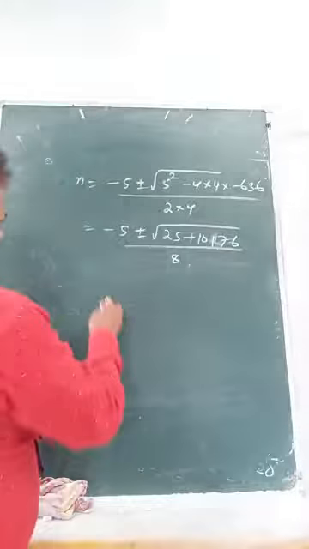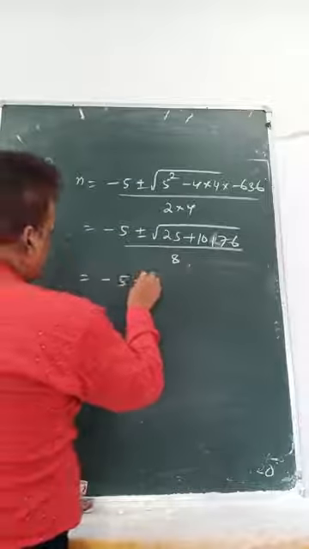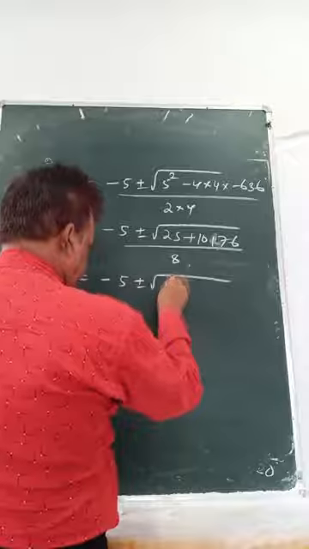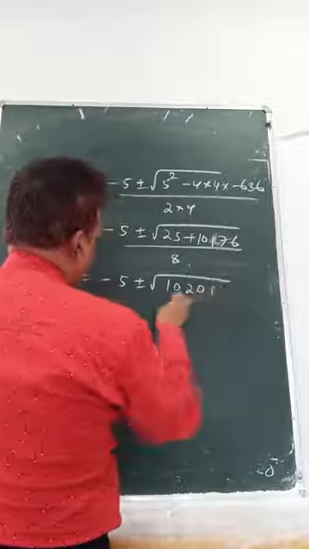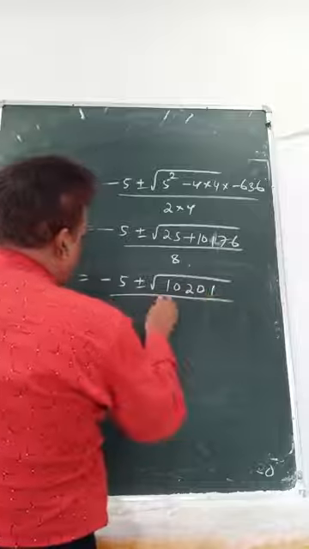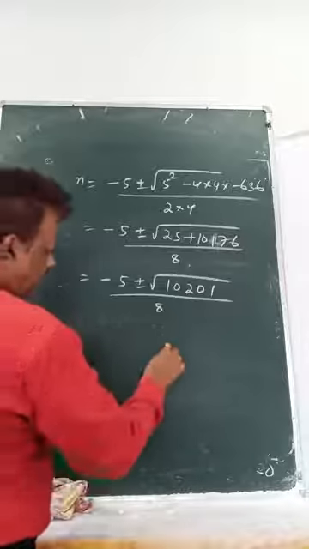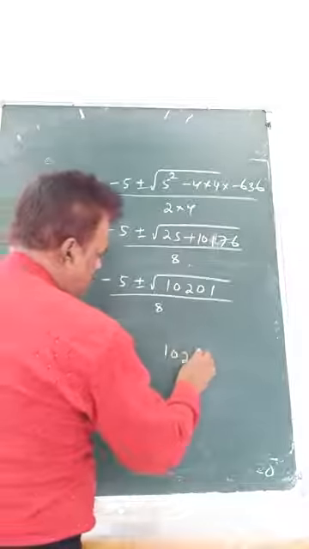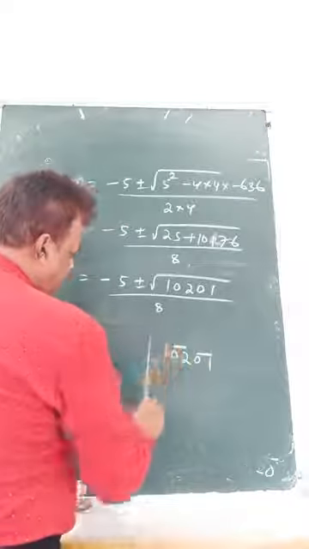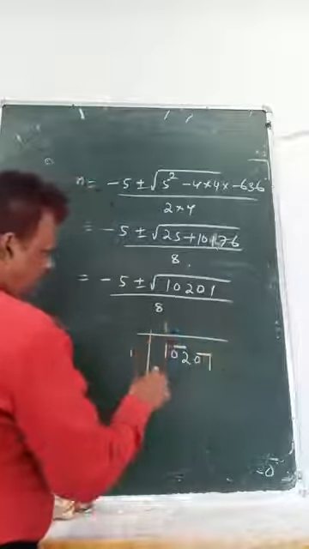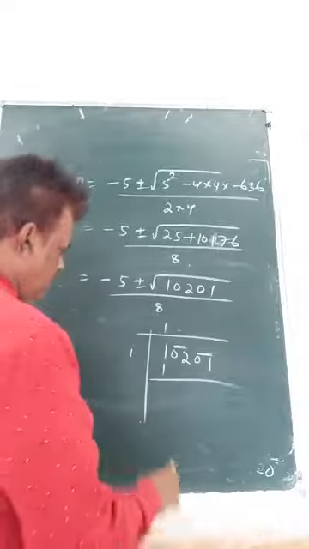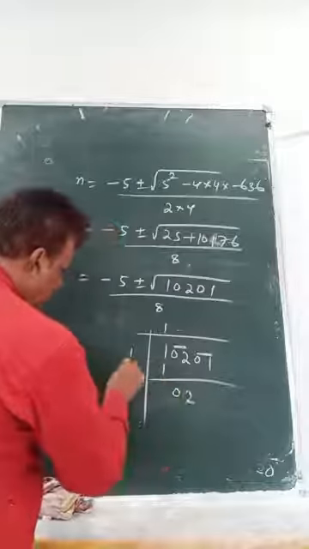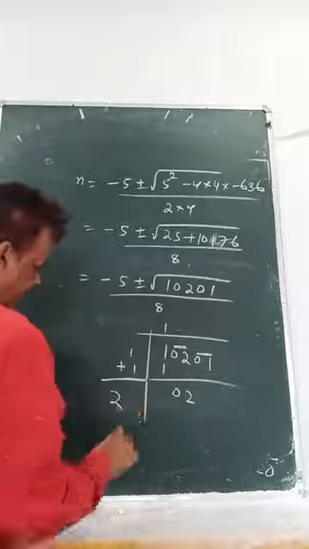That is minus b plus minus square root of 10201 by 8. Okay, look at here, 10201. First make it pair. Here is 1. Then 0 2 comes down, plus 1 2.